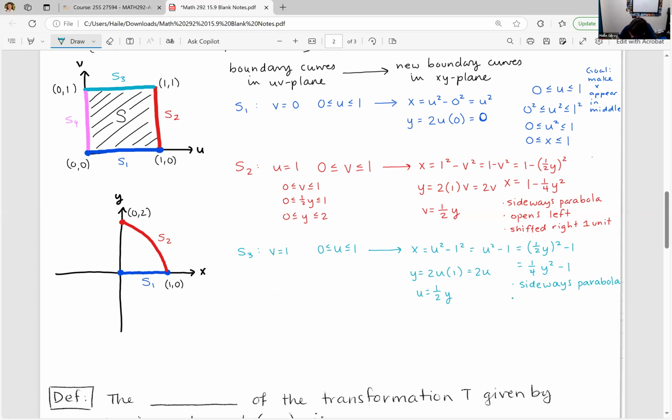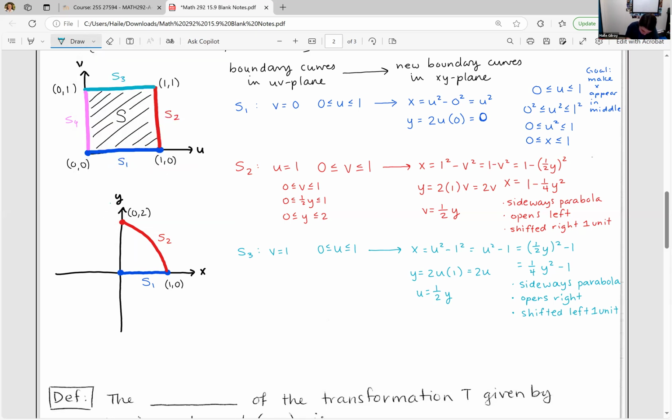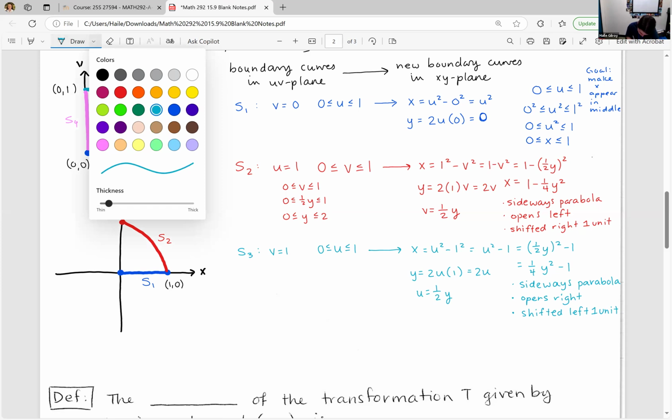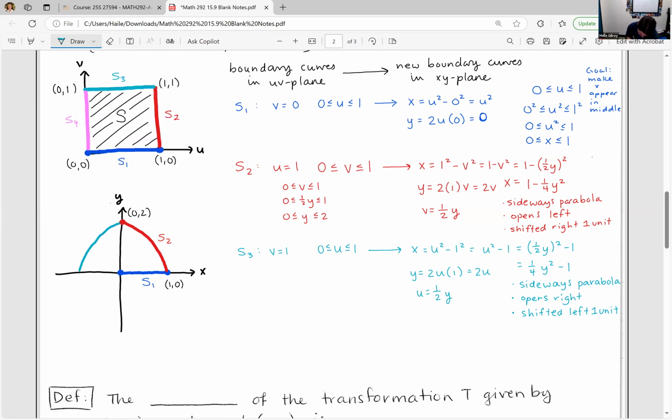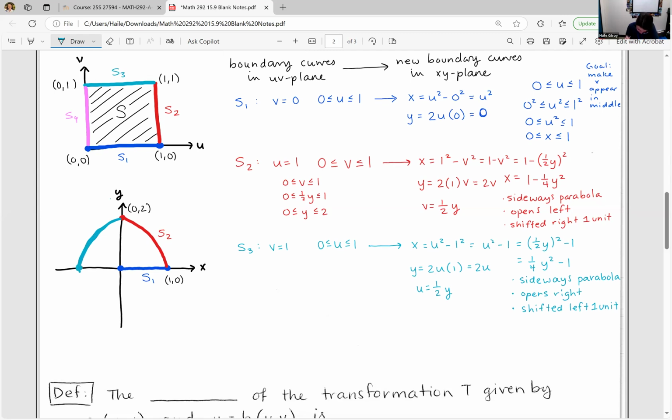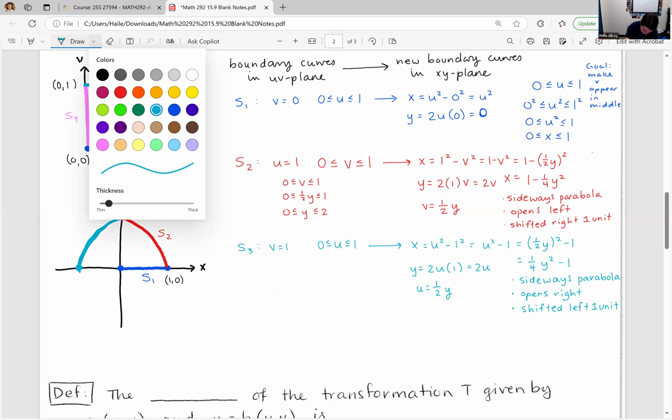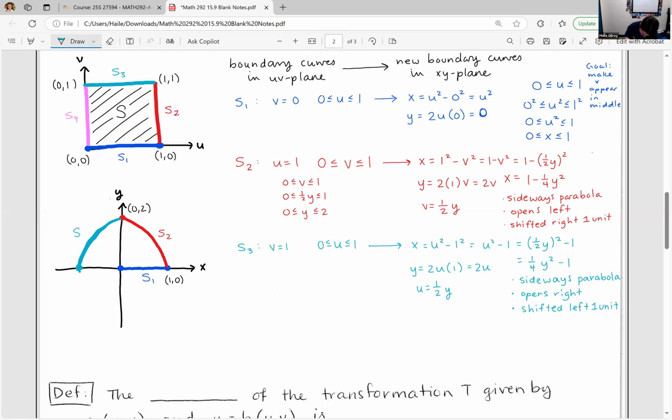But this time, since the coefficient of Y squared is positive, it's going to open to the right, and it's shifted left 1 unit. Basically what we're going to get is a mirror image of the red curve over the y-axis. So I'm going to get another part of a sideways parabola that looks something like that.